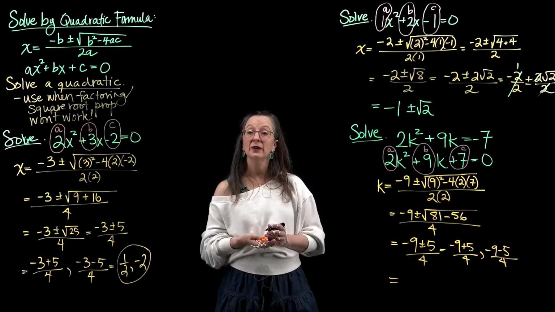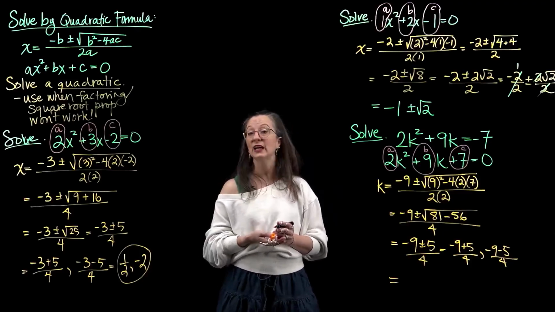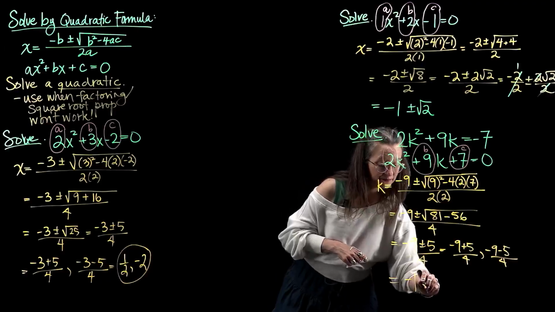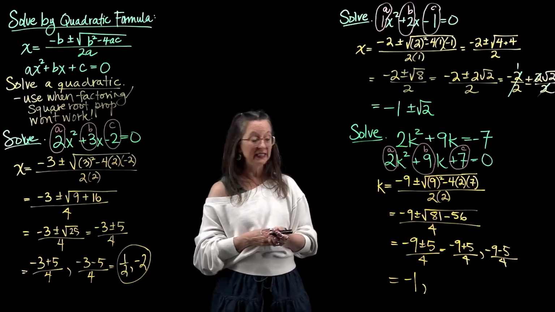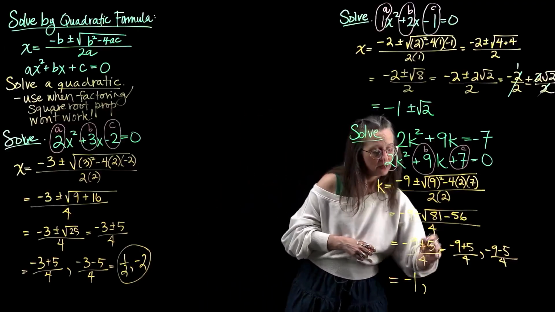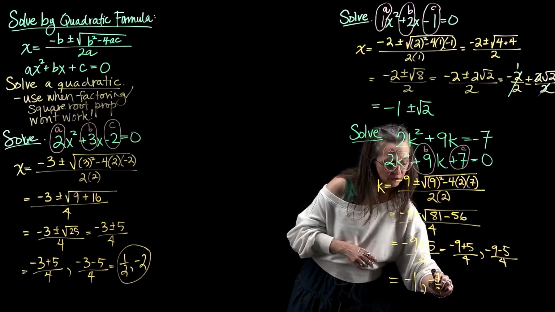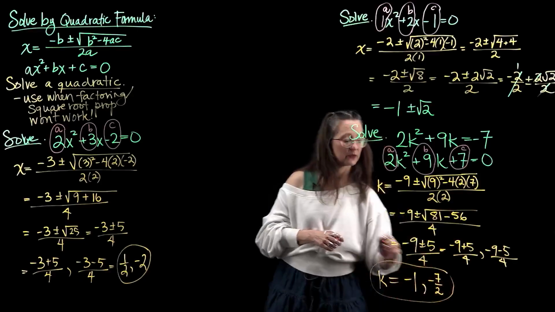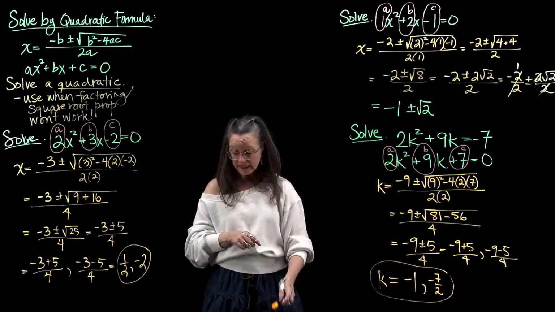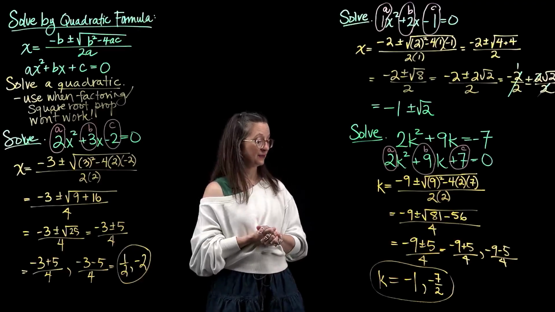So -9 plus 5 is -4. -4 over 4 is -1. -9 minus 5 is -14. Divided by 4 would be -7 over 2. So our final answer, k is equal to -1 and -7/2.